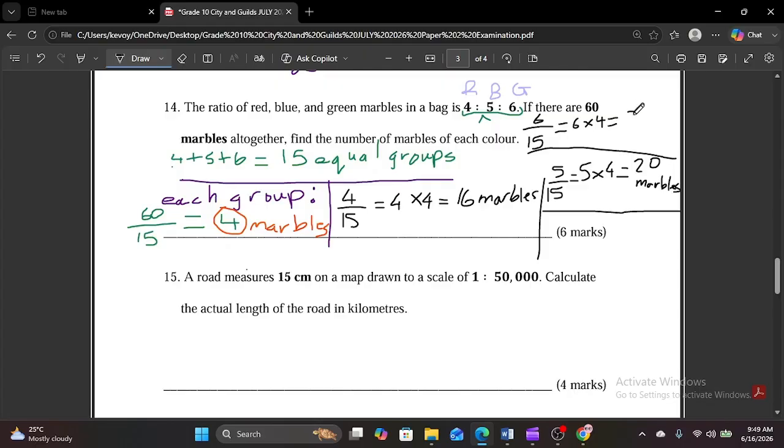So that's going to equal 24 marbles. All right. So that's going to be your answer right there.